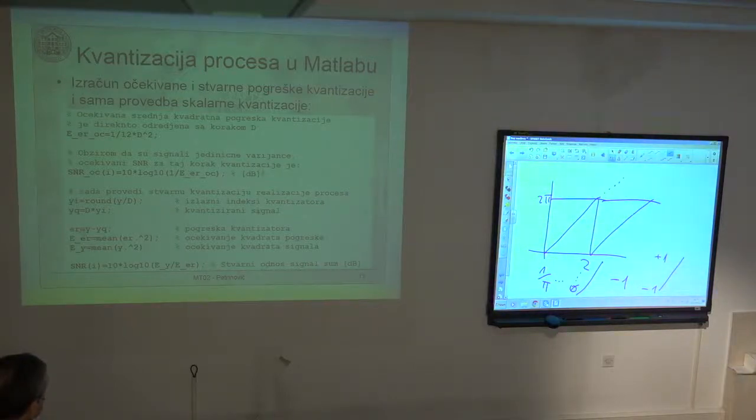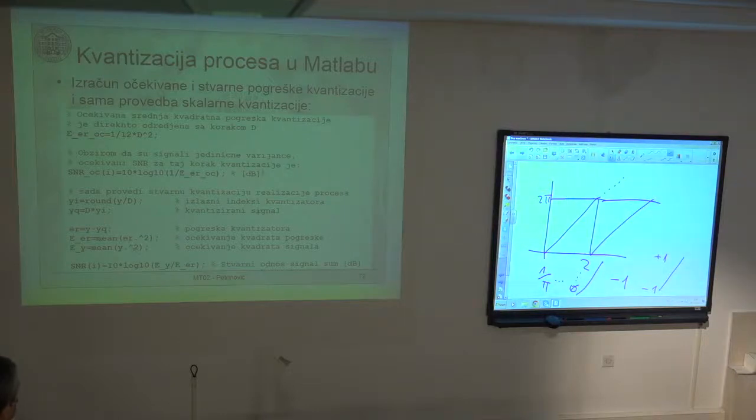Now that I have the error for each of the time samples, I can find the mean squared error as an approximation of the expected squared quantization error. So this capital E of error is an estimate of the expected quantization error. At the same time, capital E of Y is the expected value of the squared signal, so it is the variance estimated from the sample mean of the squared signal value.